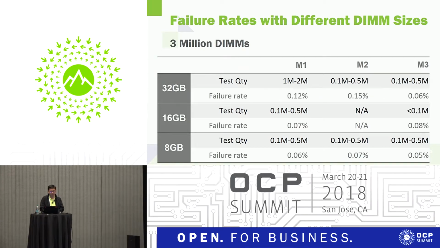So 32 gigabyte gets a higher defect rate. We have three major vendors, and you can see their failure rates are around 0.6% to around 15%. That's the average ratio we got in the past year.